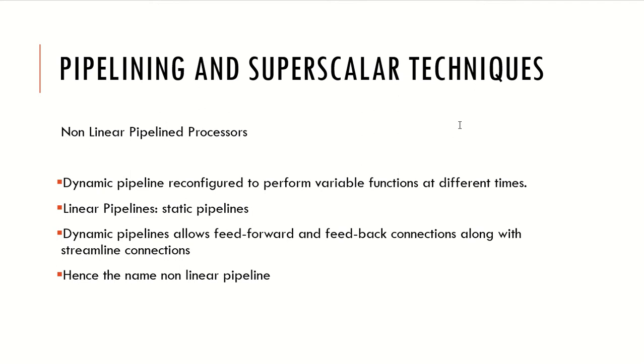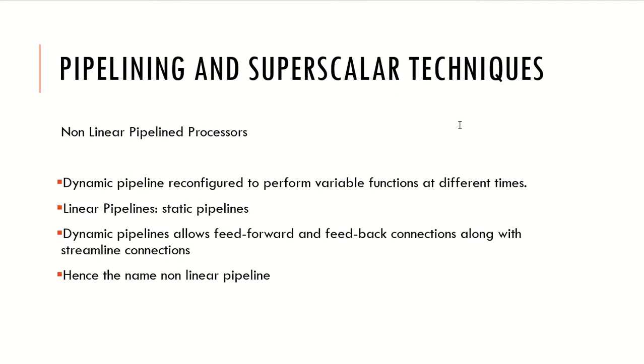Since they are linearly arranged, you can use them to complete only one kind of execution or one kind of computation, or they are designed for only some kind of task. But with a non-linear pipeline, since you can have multiple final output stages, you can have multiple functionalities happening inside the same pipeline. So that is the advantage of a non-linear pipeline.